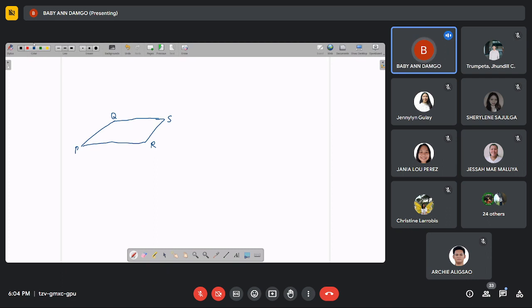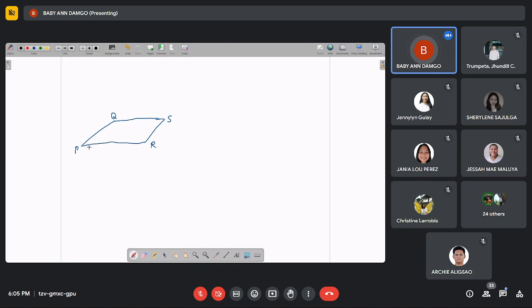Okay, so if we have this parallelogram, in this class it is in three-dimensional space, so the points form a parallelogram in three dimensions, so that we can apply the properties of vectors.